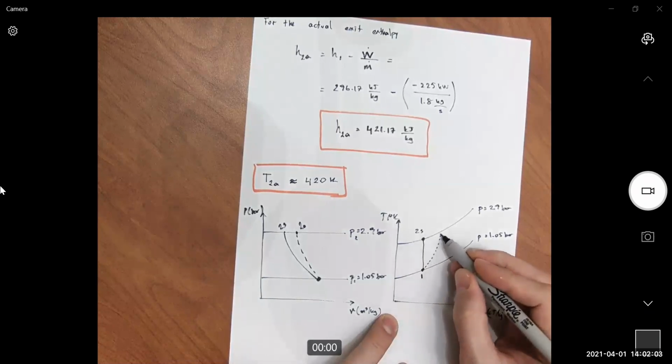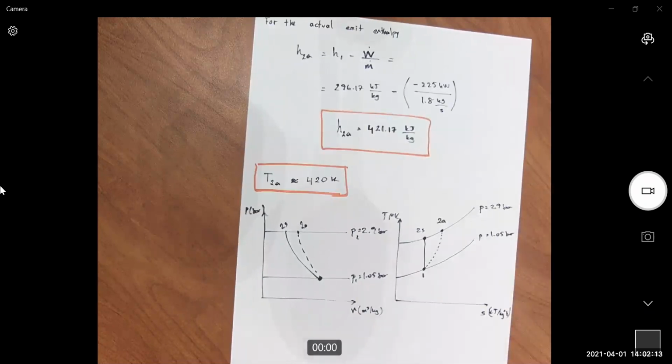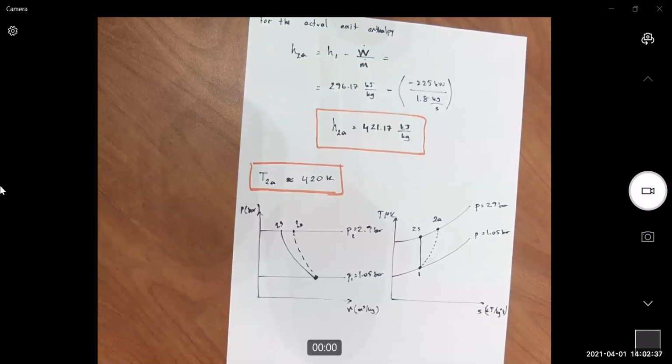And for an actual compressor, there is a deviation, delta S is positive, and temperature rises. Right? Temperature rises from 25 Celsius to around 148. So, irreversible. Okay. Any questions? Yes.